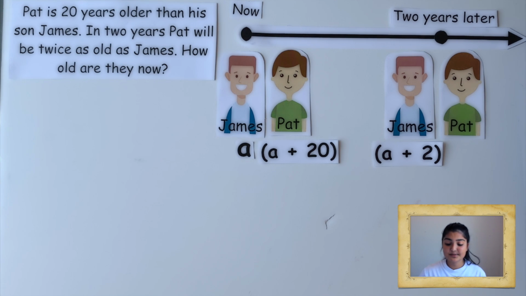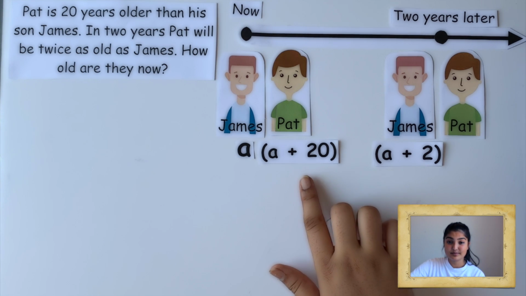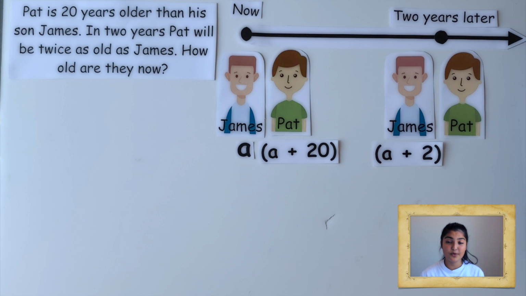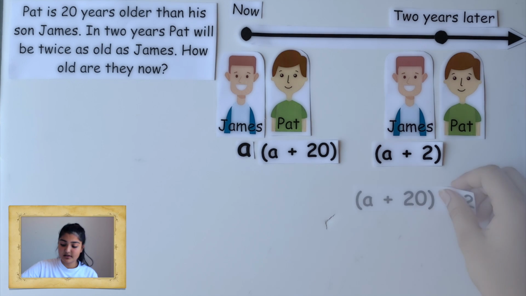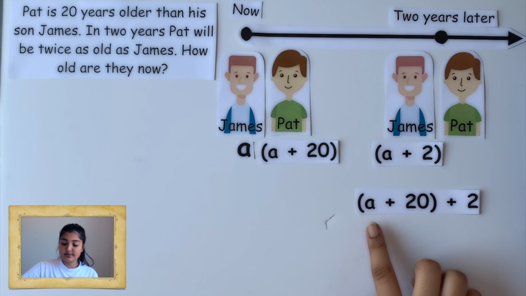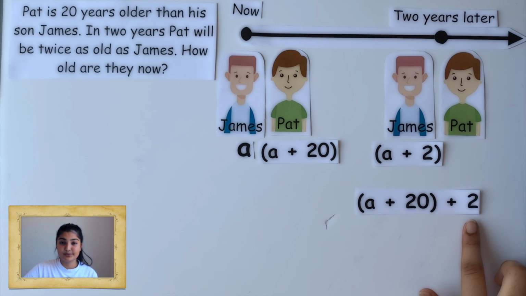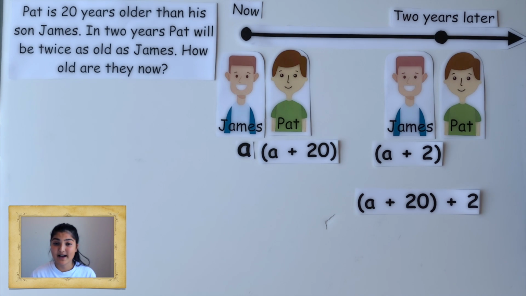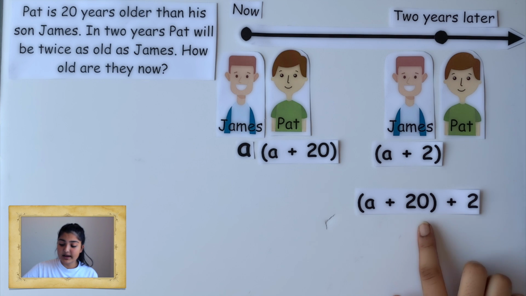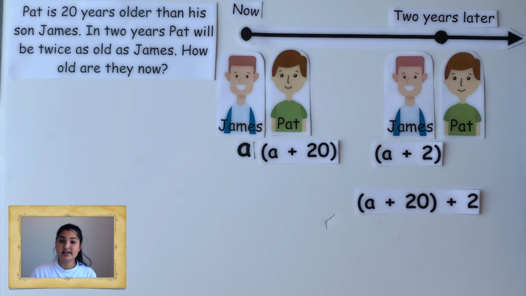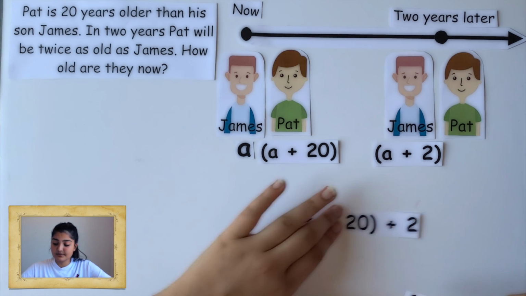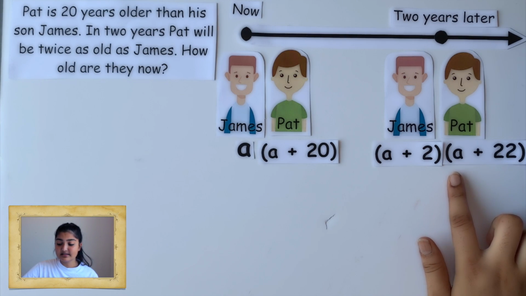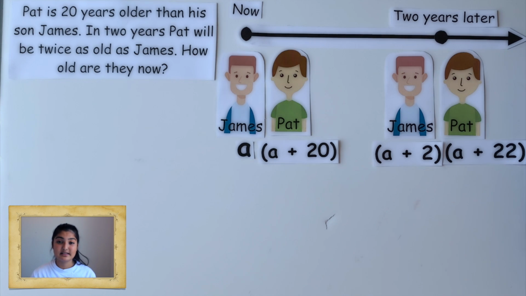And since Pat is A plus 20 years now, in 2 years, his age will be A plus 20 plus 2, which we can simplify. 20 plus 2 is 22. So, Pat's age in 2 years will be A plus 22 years old.